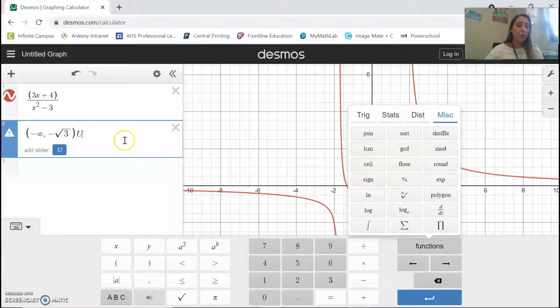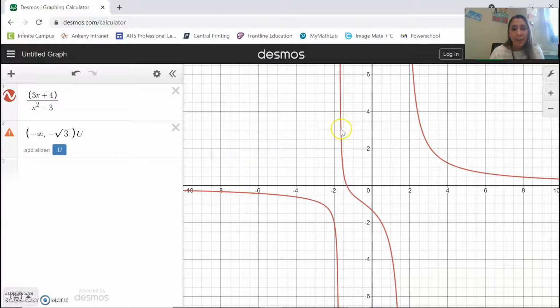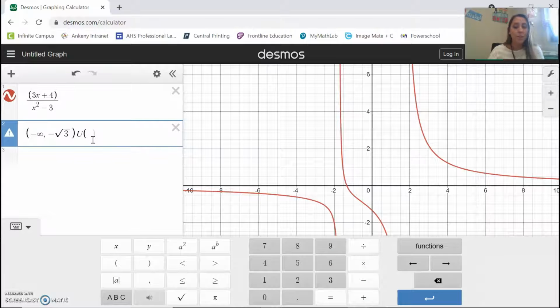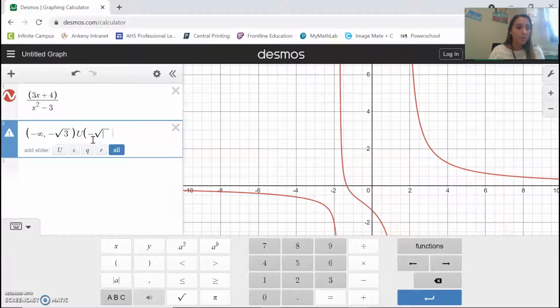It's not a U, but a union. And then make sure you use the right notation. Then we're going to say from here, it's negative square root of 3 all the way to positive square root of 3. So we're going to have negative to positive.